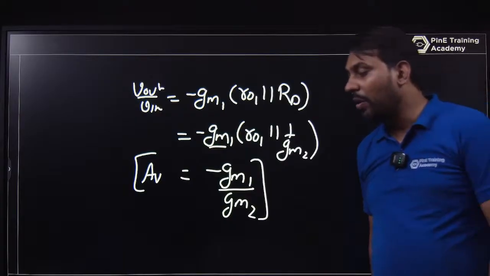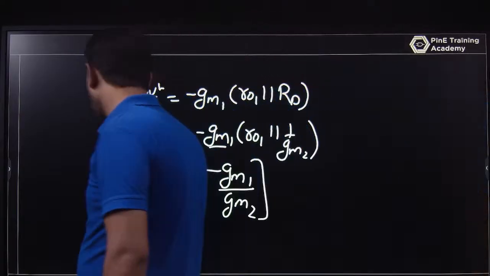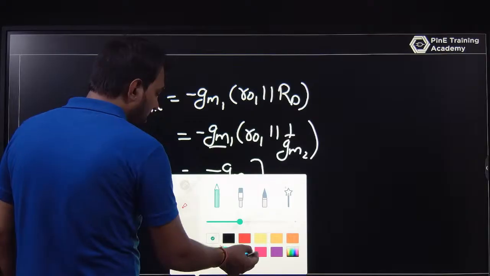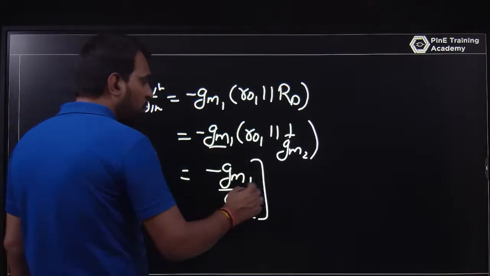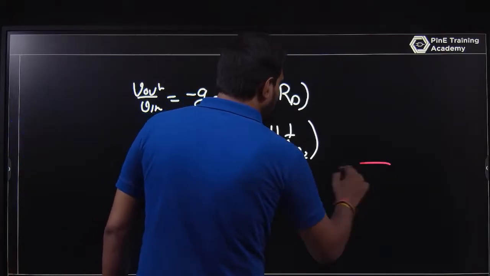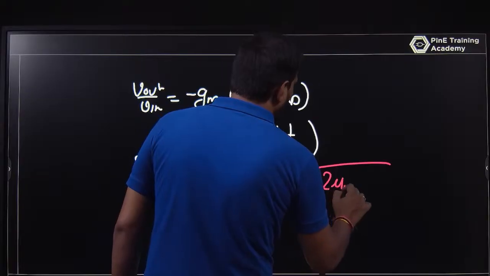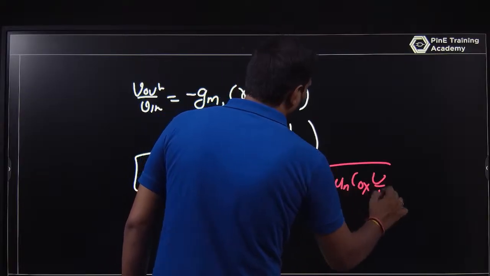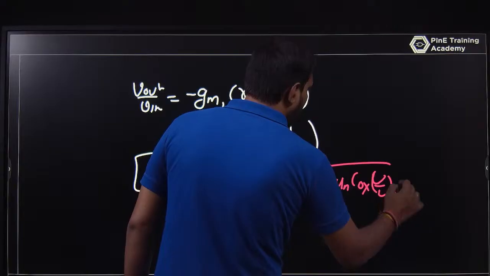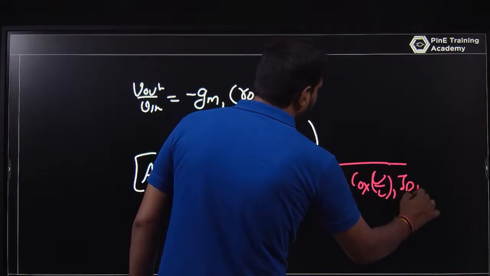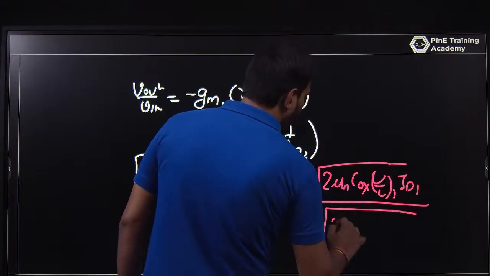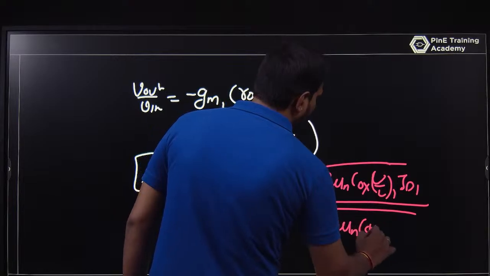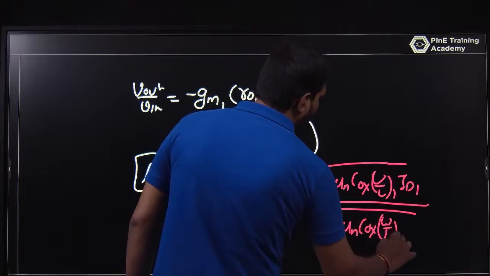So what is the problem and what is the benefit of that? The benefit is this: you have GM1 and GM2, so you can write it using the transconductance formula, square root of 2 mu n COX W by L of 1 into ID1 upon square root of 2 mu n COX W by L of 2 into ID2.